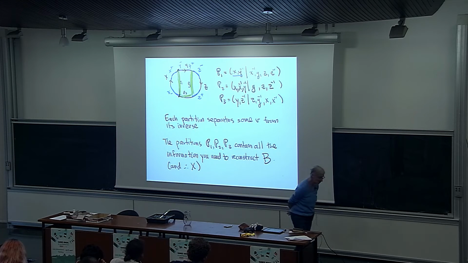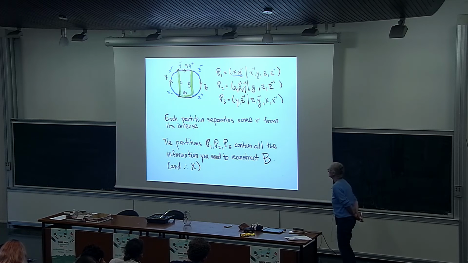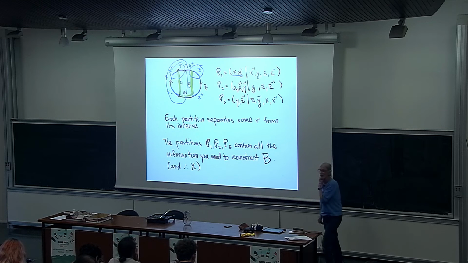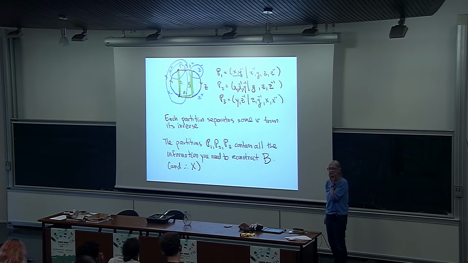So why did I go through all this? Well, these partitions contain all the information you need to reconstruct the graph. So I have these three partitions, this one, and this one. And the green tree is dual to those circles.